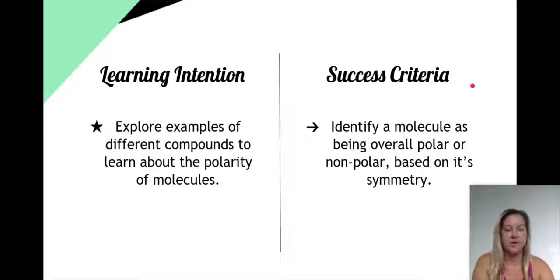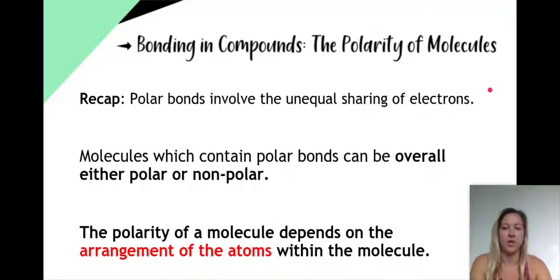We want to be able to identify a molecule as being overall polar or non-polar based on its symmetry, and I'm going to show you how to do that. So, a recap: polar bonds involve the unequal sharing of electrons. So we're looking at situations where we have a difference in electronegativity which is greater than 0.4, and that will give us our polar bonds.